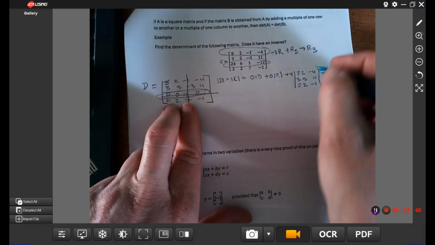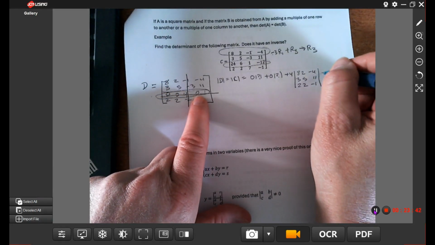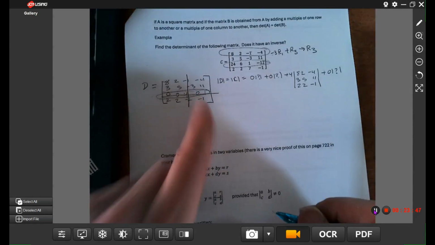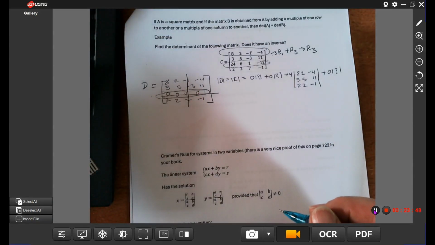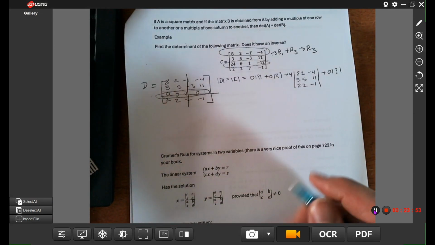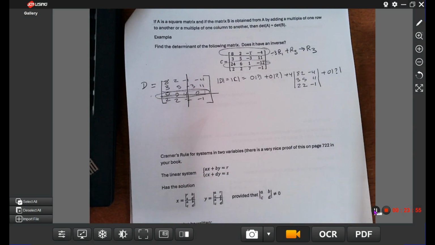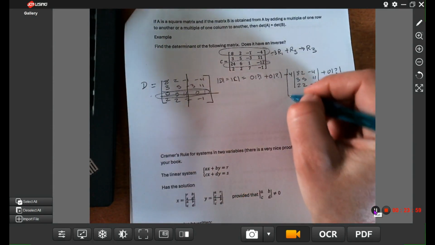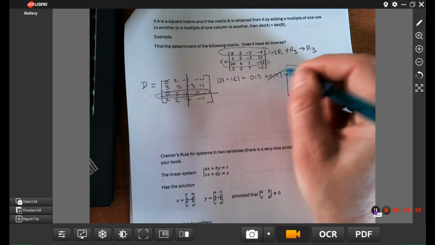Okay, and then I have another 0 here, so plus 0 times, doesn't matter what it is because it's going to be 0. So this is also not a lovely matrix. This is all we have left because everything else here was zeros.